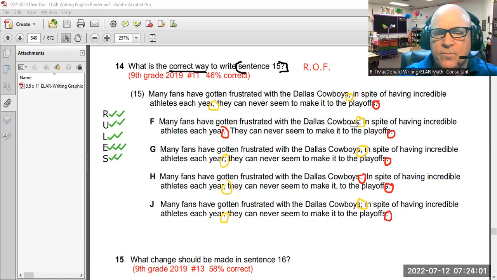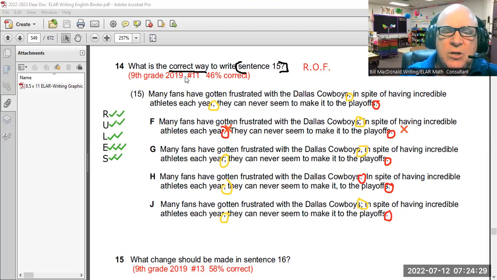That's true. In spite of having incredible athletes each year, comma, since that's an introductory phrase, it needs to be separated with a comma, not a period. But if I wouldn't have circled it, I might not have known. Because of that part right there, I can eliminate letter F.